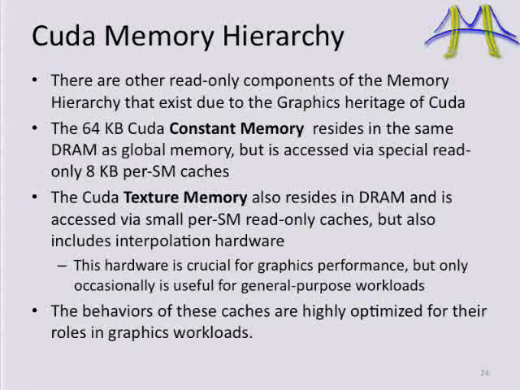The CUDA texture memory is a very graphics-specific piece of hardware. Its behavior is documented in the CUDA literature, but it's only rarely useful in general purpose because its goal is essentially to take some texture, an image that you read out of a JPEG or something, and interpolate between 2 pixels.